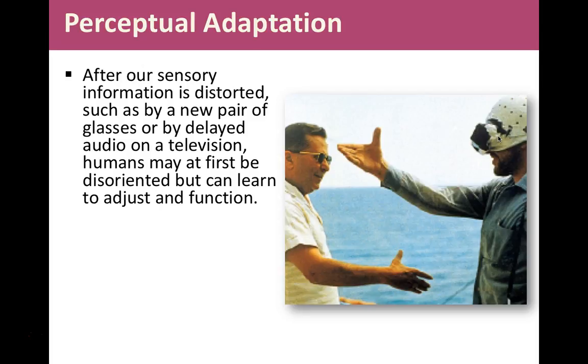And so initially, they experienced being completely disoriented. Here's a guy who's just put these kinds of glasses on. He's going to shake the guy's hand, but everything's flipped over, so he's seeing it up there, and in fact, the hand's down there, and there he's shaking at the guy's head. Very disoriented.